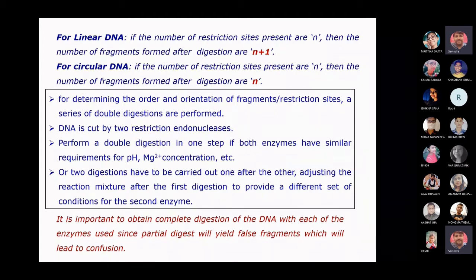Then it is possible that some of the sites will be digested by the enzyme and some will remain as they are. Okay, so it will give you false information. So complete digestion is also an essential part before you start making the restriction map.